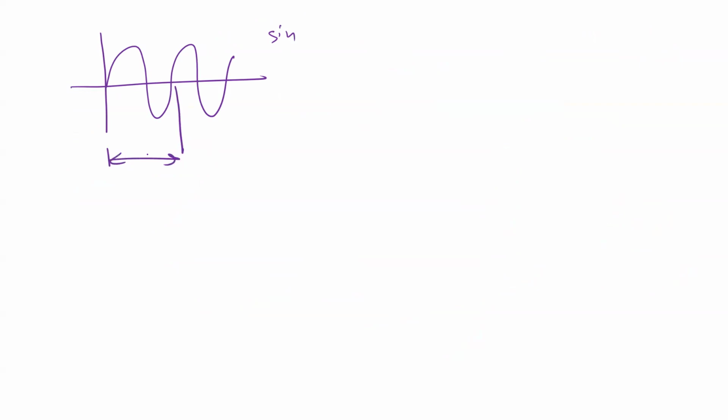So if you have here, this is sine. From here to here is what we call the period T, and you know that frequency is 1 over the period T. The smallest unit that's repeated is this unit here, because this unit is just repeated. F is 1 over T. In sine, this T is 2 pi.